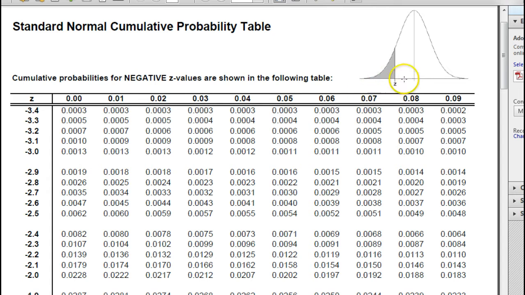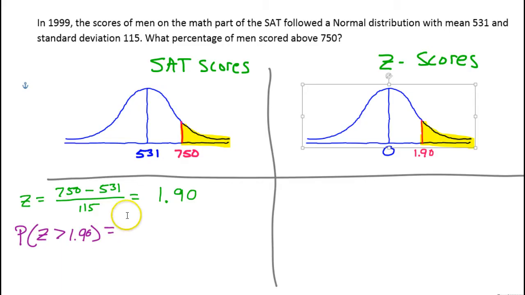So if you want to convert to what percentage is above, you're going to have to subtract from 100. For example, if 20% of the values are below a certain number, that means 80% must be above. How do we get from 20 to 80? Well, 100 minus 20 is 80. You subtract from 100. So, since we want the above values, we're going to have to subtract from 100%. If we wanted the below numbers, we would just read it straight off the graph.